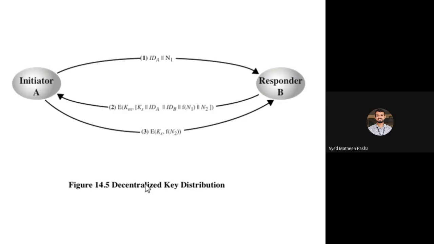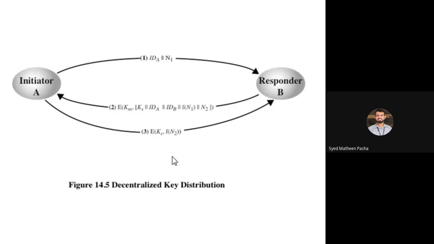What basically happens in decentralized key distribution is that the working is similar to the key distribution scenario. You can see there are two parties, initiator A as well as initiator B. In decentralized key distribution, the KDC does not take part in such key distribution sessions.